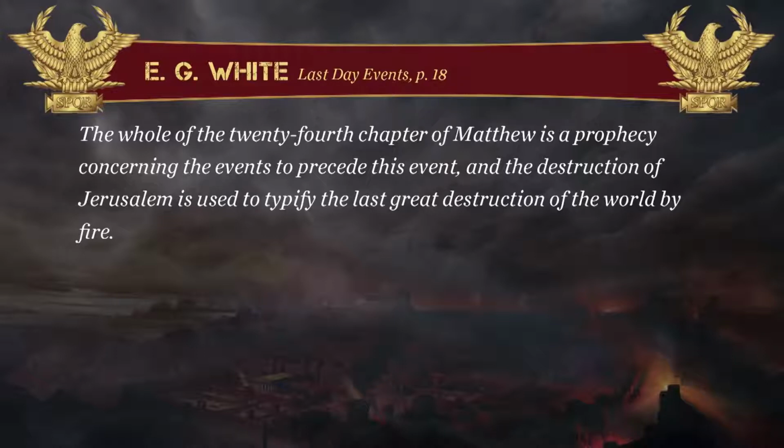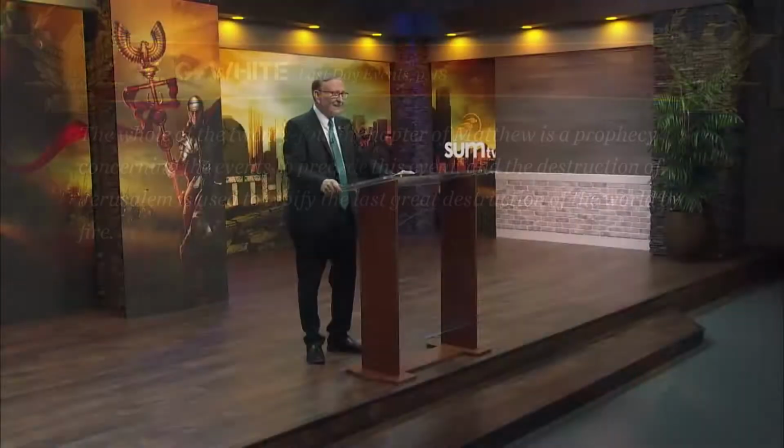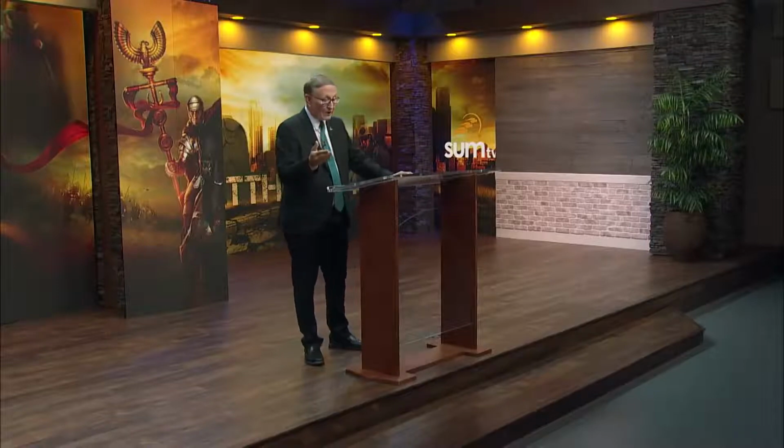And the destruction of Jerusalem is used to typify the last great destruction of the world by fire. So she's saying that the destruction of Jerusalem is a type of a greater destruction at the end of time. The events that led up to the destruction of Jerusalem are types of the events that will lead up to the destruction of the world. Great Controversy, page 25.